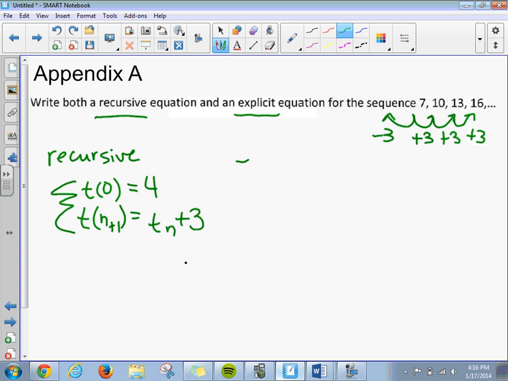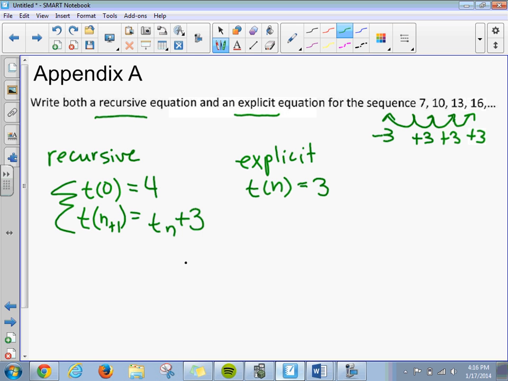An explicit is really helpful because maybe we're not so interested in what's going to happen next as what's going to happen a long ways down the line. So for this one, we're looking at a function. T of n is going to be equal to, and so we take that repeated addition. What is repeated addition? Well, it's just multiplication.